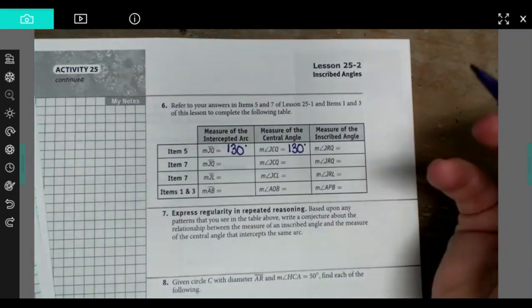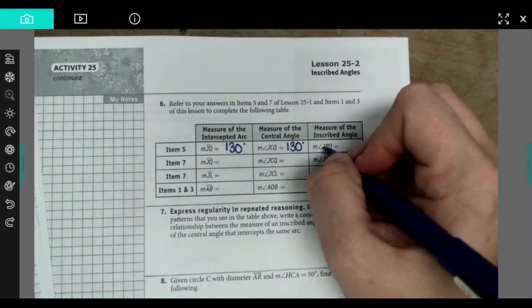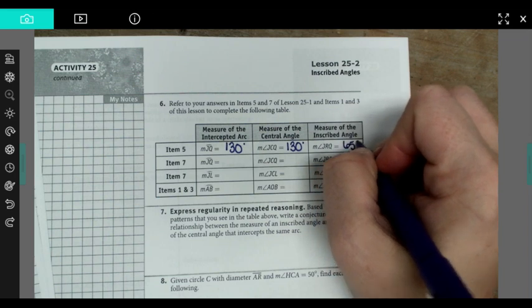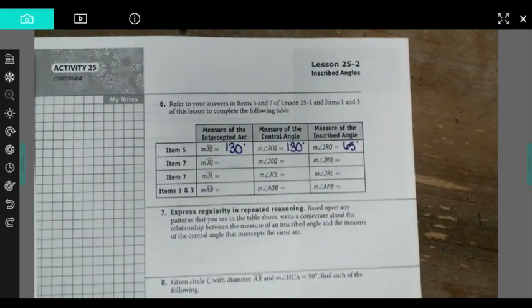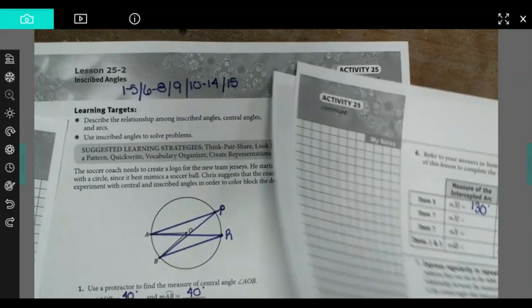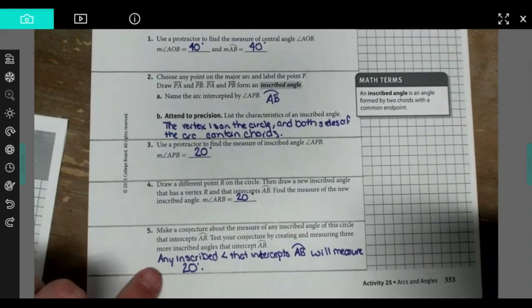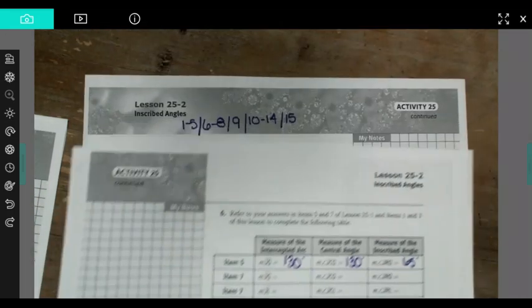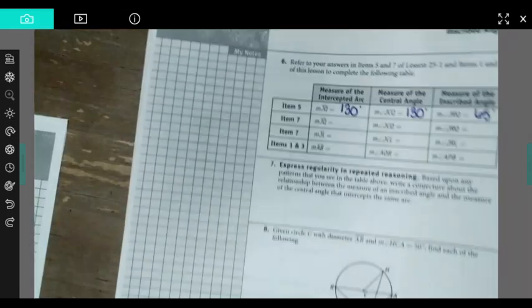The angle JRQ is 65 degrees. That's an inscribed angle. It goes back to this concept of any inscribed angle being half the measure of the other angle.